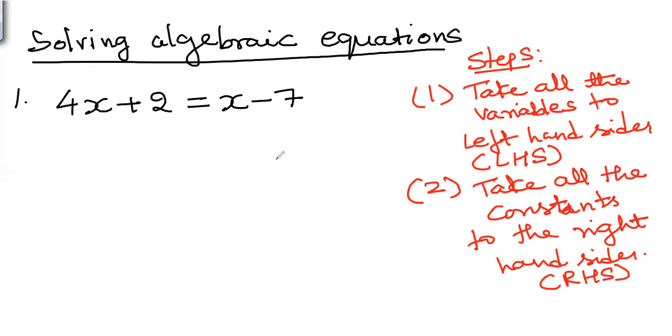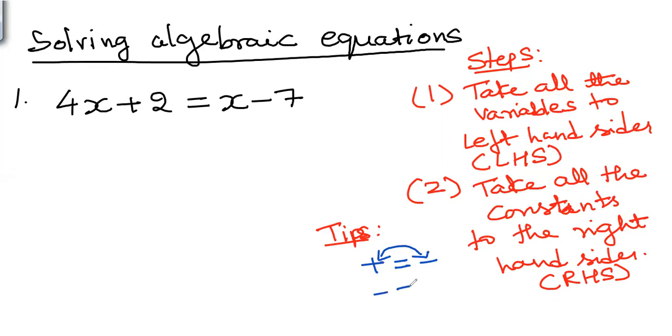And then some important tips, easy tips I'm going to give you. Plus, addition, when it is taken on the other side becomes subtraction. So I'll write a bidirectional arrow, which means subtraction, when it goes on the other side, becomes addition.